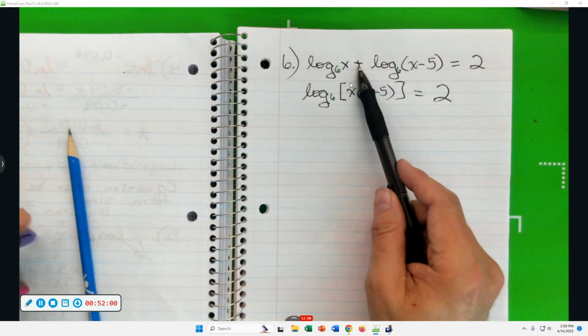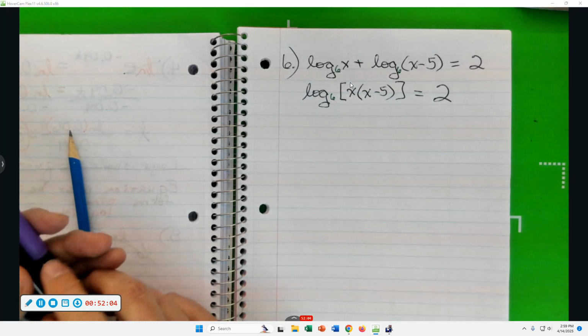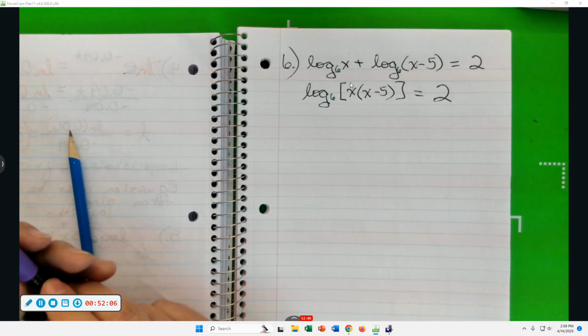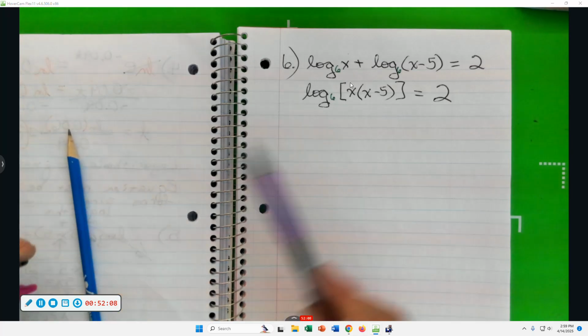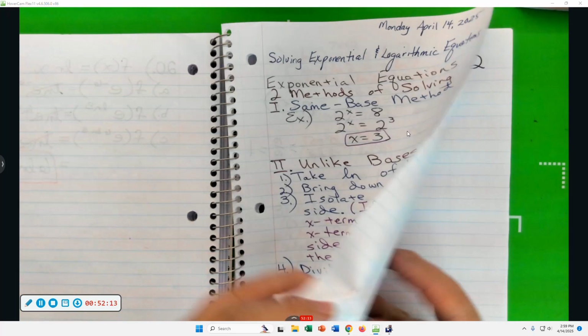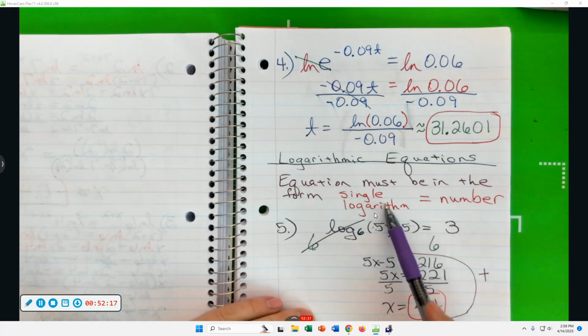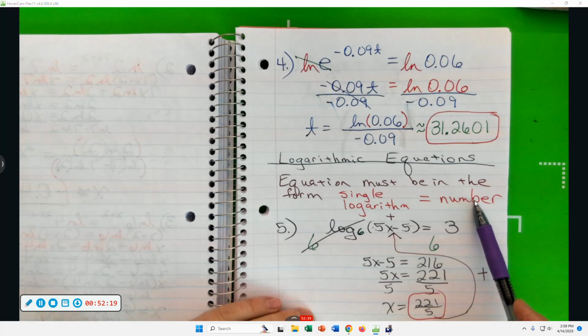The logarithms are being added, so we multiply the arguments. I claim we now have the form that we want. Single logarithm equals a number.